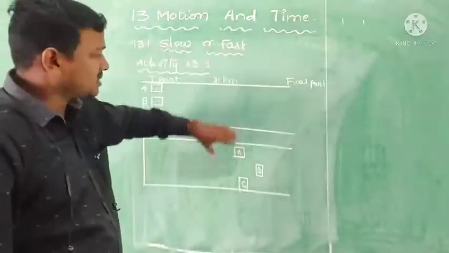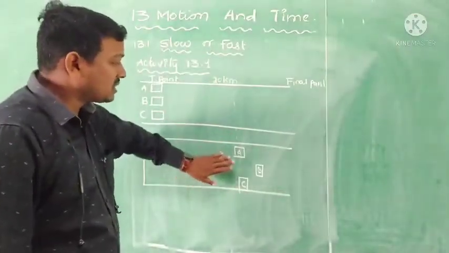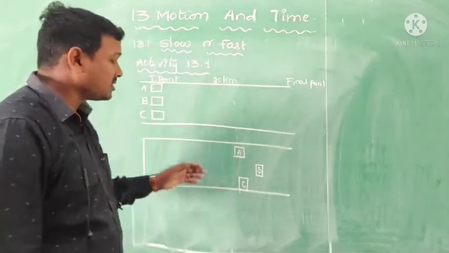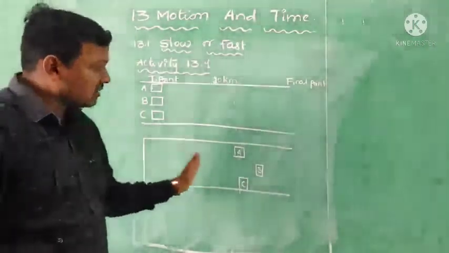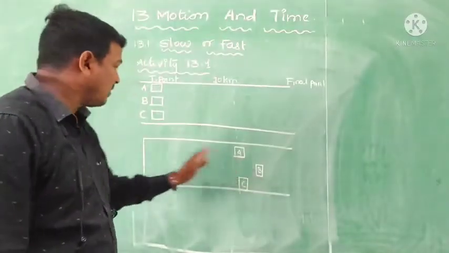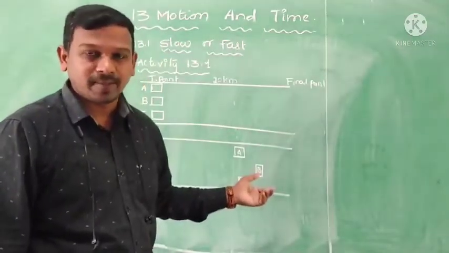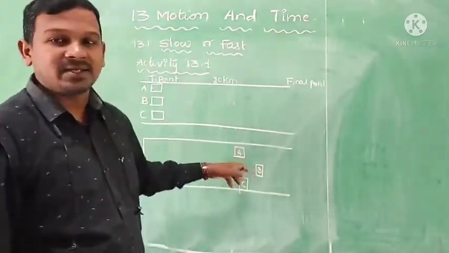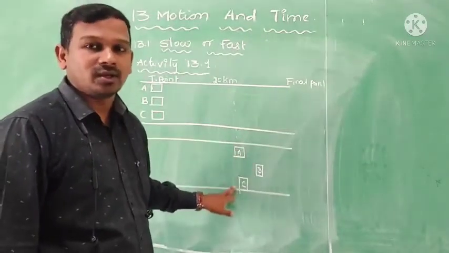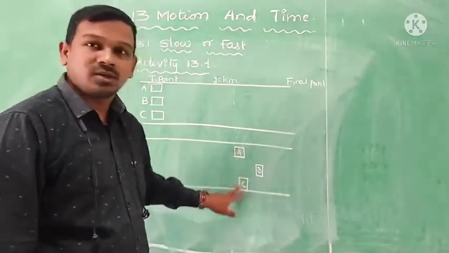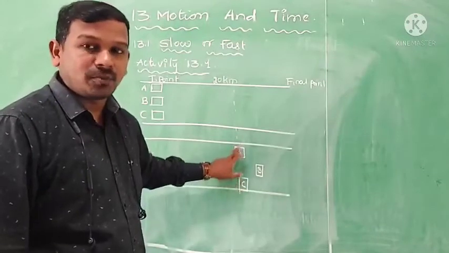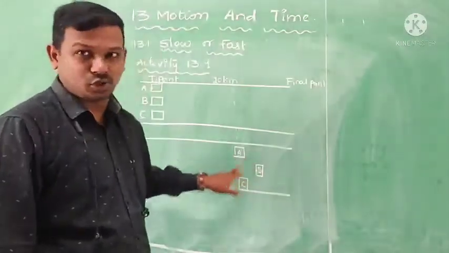After 30 minutes, which car is going very fast? In 30 minutes of time, body B covered more distance, so we can say this body is going very fast. After 30 minutes, A and C are both going in the same way, and compared to B they are slow.